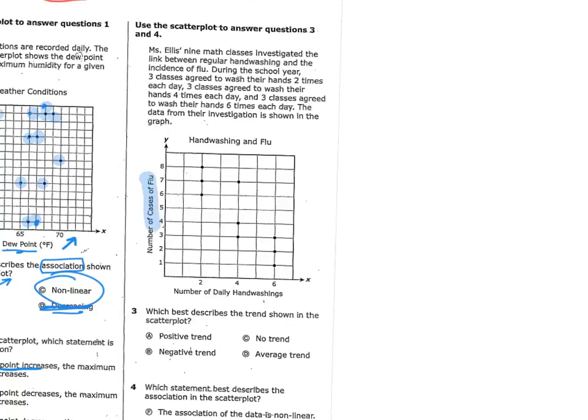Okay, so we're looking at the number of cases of flu and the number of daily hand washings. The number of cases of flu correlating to the hand washings. How many number of hand washings? That looks like a W.